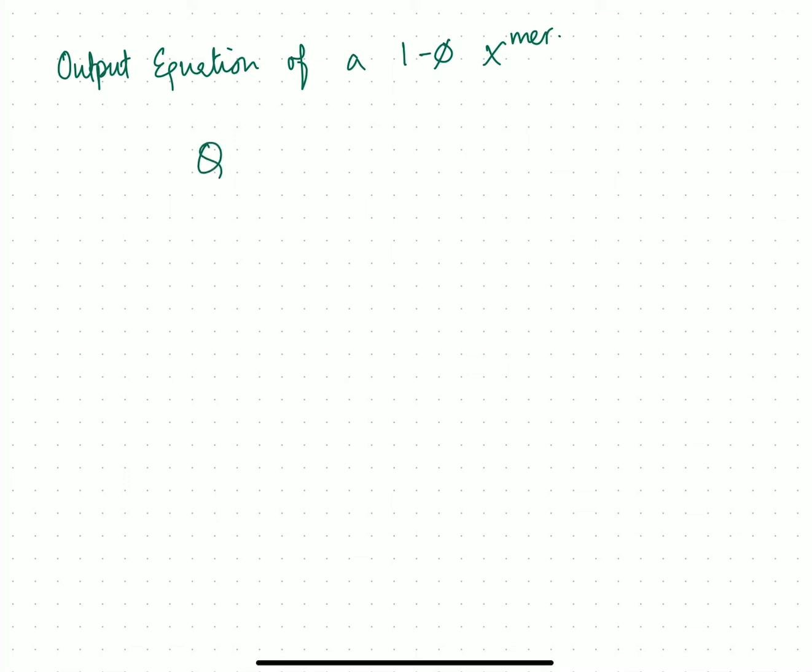So if the output power is in kVA, it is Vp into Ip into 10 to the power minus 3, or it is also equal to Vs into Is into 10 to the power minus 3, right?